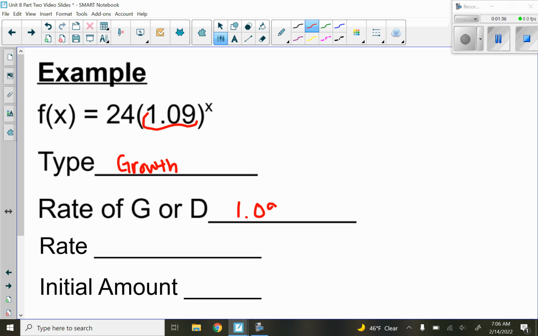So 1.09. Now, you have to be careful. Sometimes you're going to be asked for your rate of growth, and sometimes you're just going to be asked for the rate.